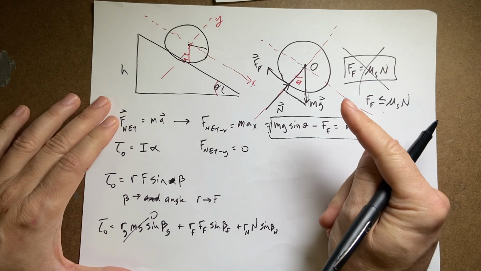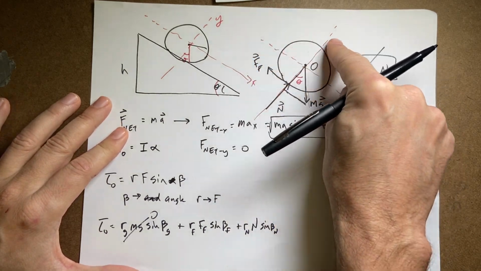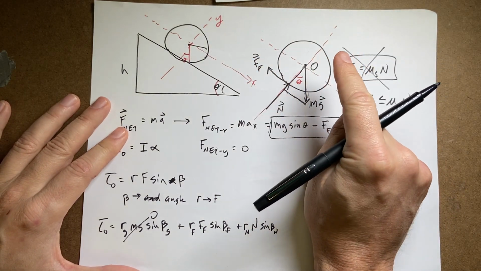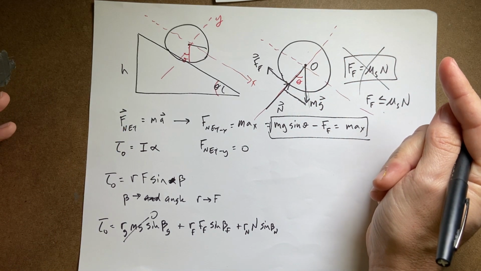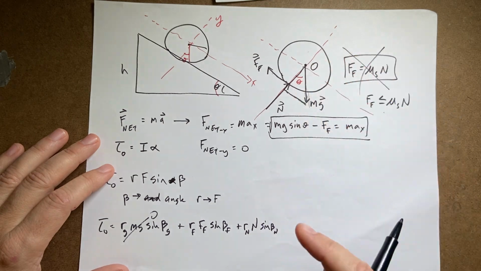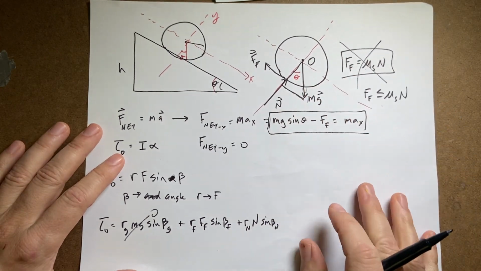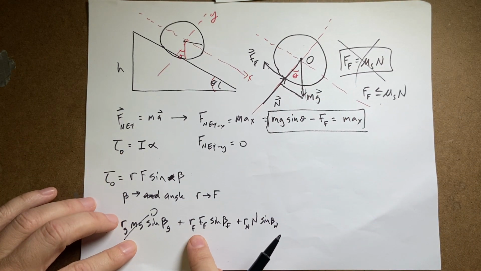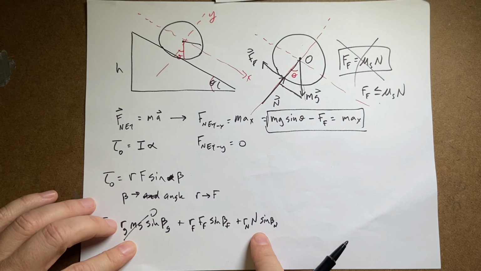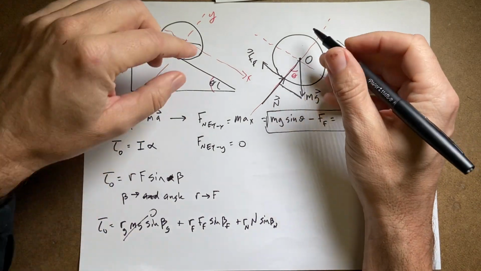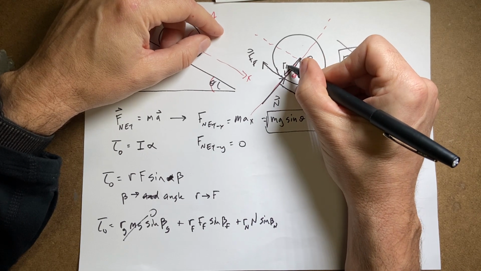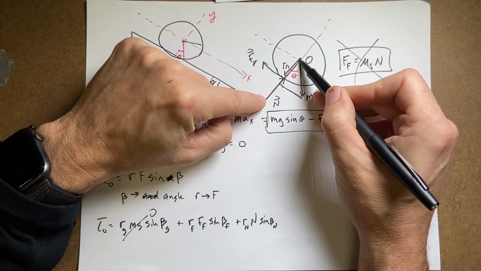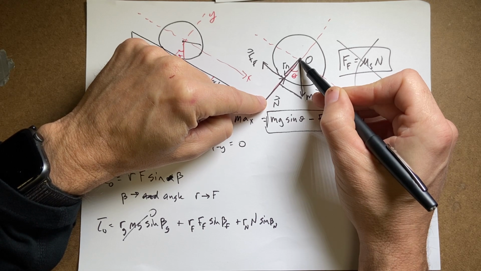Now technically, gravity acts on all parts of the disk. However, we can use a single point and get the exact same answer. That's the center of mass, technically the center of gravity. For the frictional force, we need to do that. The normal force also, you'll see here, if I call this my R_n, then the angle between this and that is equal to pi.